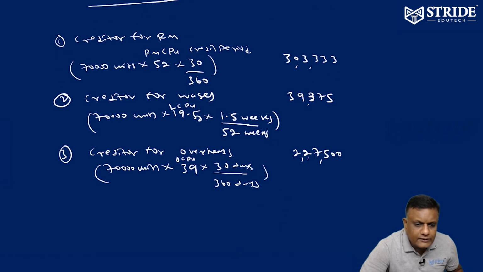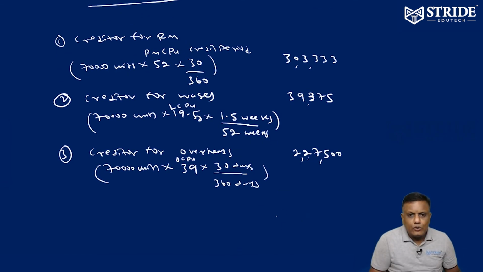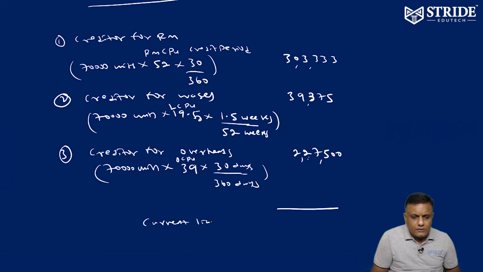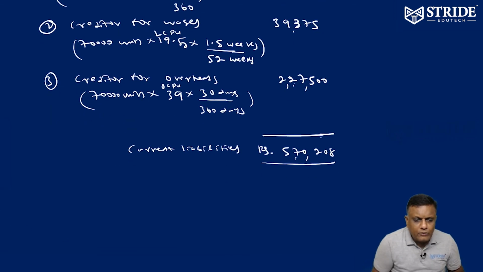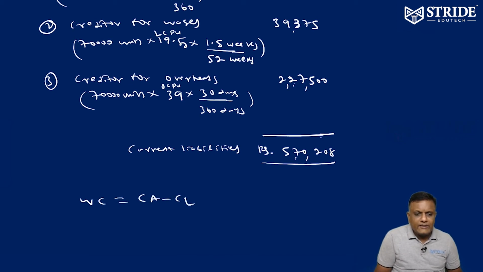These are the three current liabilities. So the current liability total is rupees 5,70,208. Working capital requirement is equivalent to current asset minus current liability.